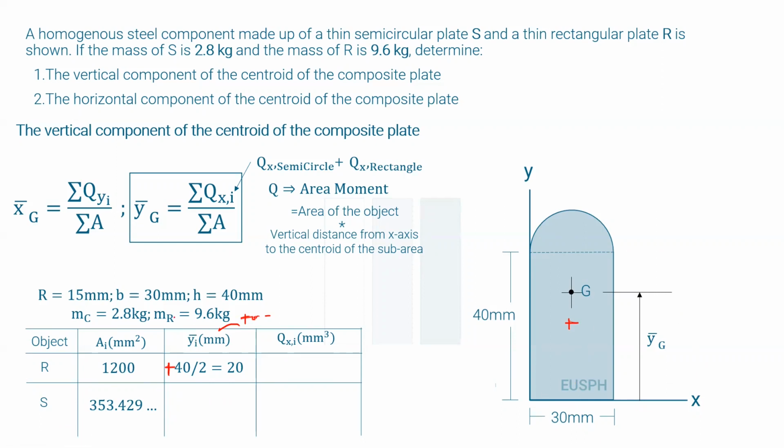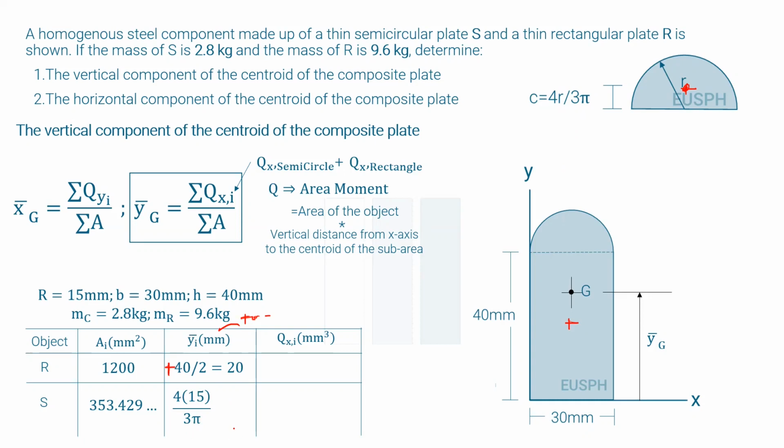Okay? Just to help you recall, ito po yung figure na pinakita ko kanina. 4 over 3 pi po yung location ng centroid ng semicircle. So, if I just do 4 over 3 pi, remember, r is 15. So, it's 4 times 15 over 3 pi.